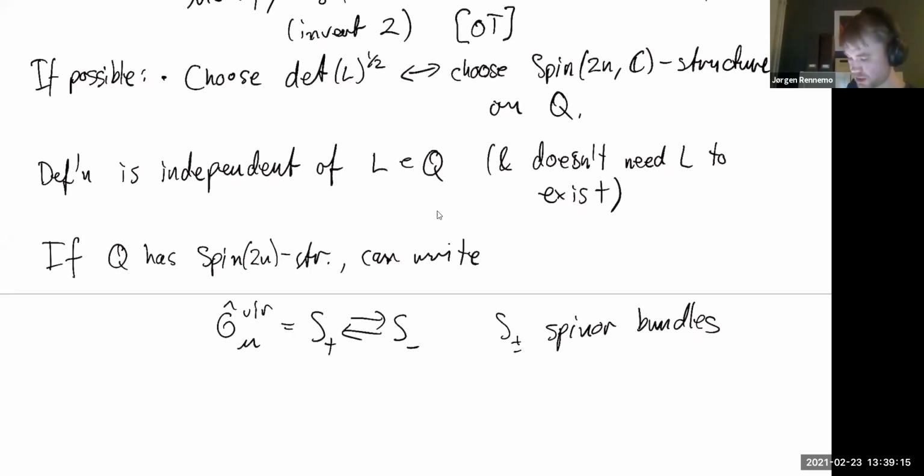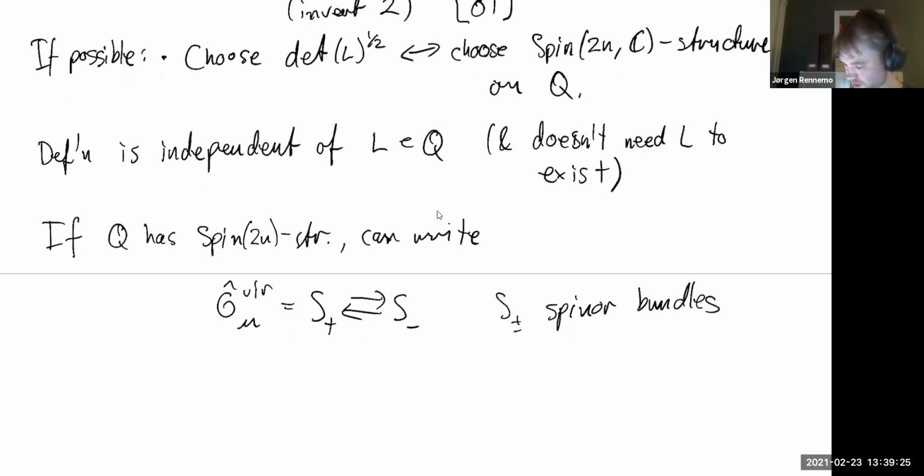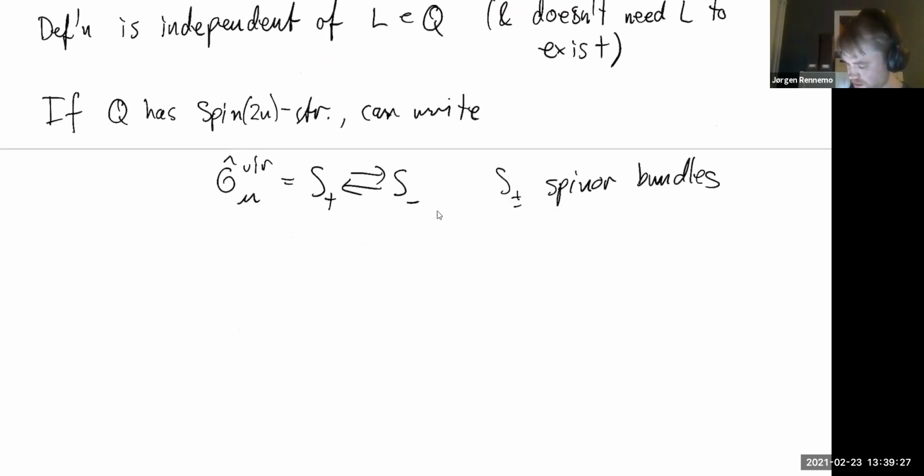Okay, so this was defining it. So now we've actually defined the symmetrized virtual structure sheaf. Right. So now we can turn to the next thing lifted out of Oh and Thomas, which is that we can now compute these things using their localization formula.